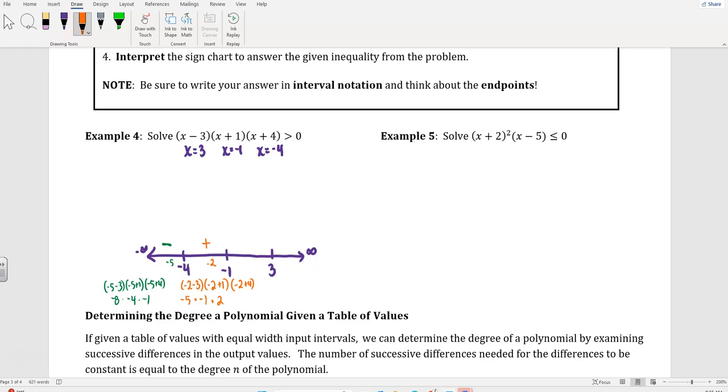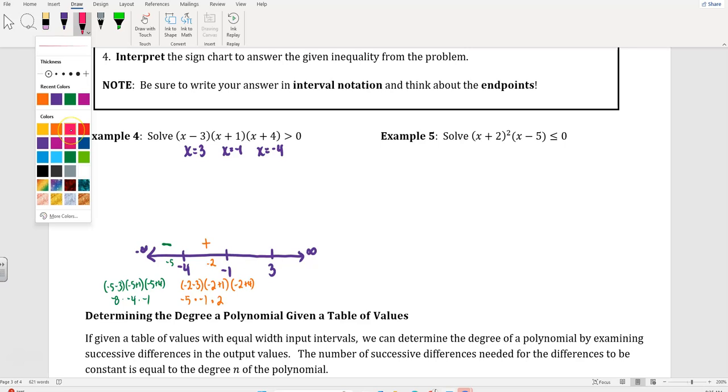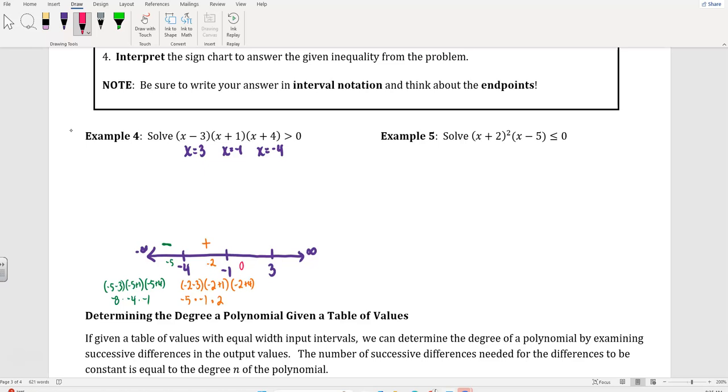We got 2 more sections to test, same way. So I'm going to go over here. Between -1 and 3, you got lots of numbers to choose from. 0, 1, 2. Those are your easiest ones to pick. I'm going to pick 0 because 0 is always pretty easy to plug in. So if I plug in 0, I've got 0 minus 3, 0 plus 1, and 0 plus 4 right here.